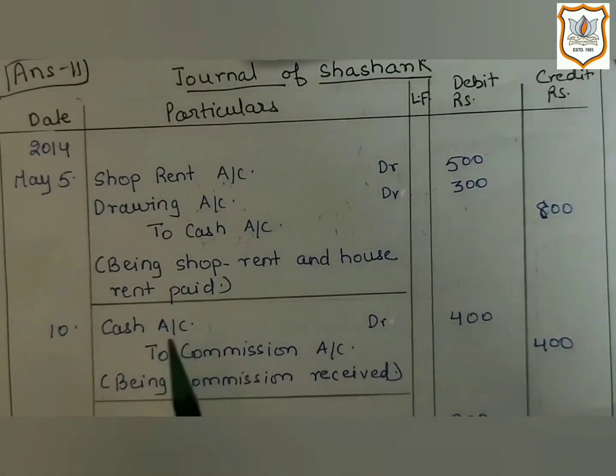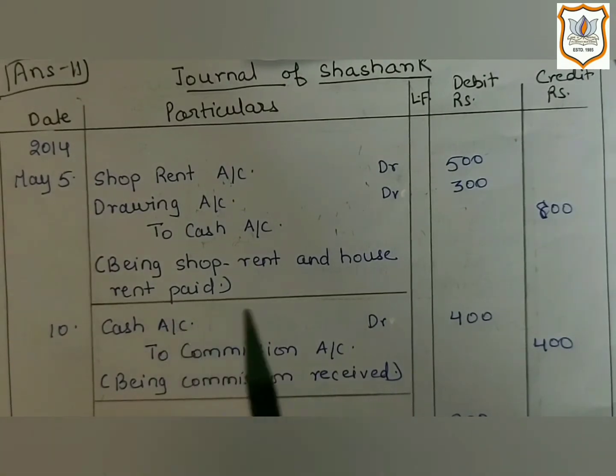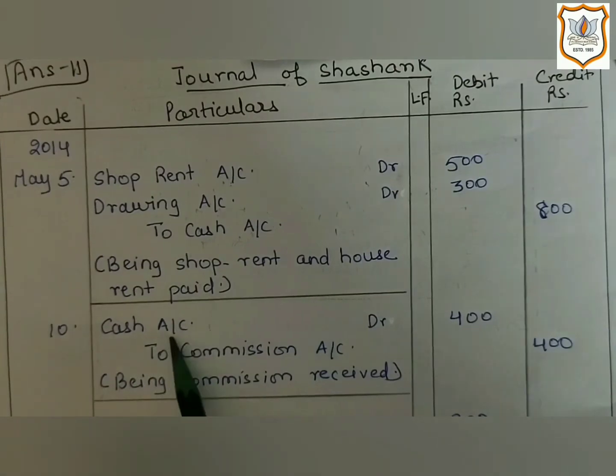Here as cash is an asset, so here we will apply the rule of real account. Here cash is coming in the business. Here owner is receiving cash as he is receiving income, that is commission. So he is receiving income in the form of cash.